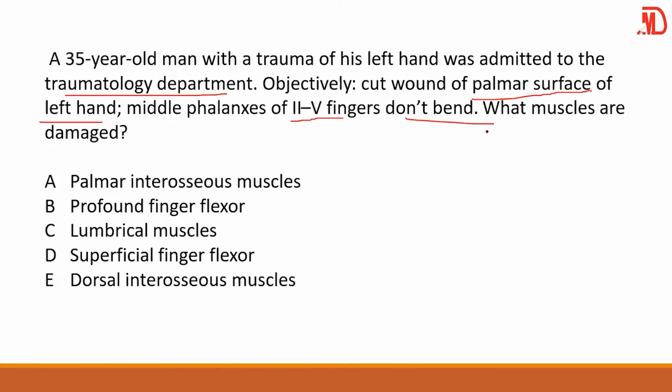That means superficial finger flexor. Again, the word flexing tells you that it's talking about flexing. But we have the deep and then we have the superficial. The superficial ones are the ones that control these particular movements.